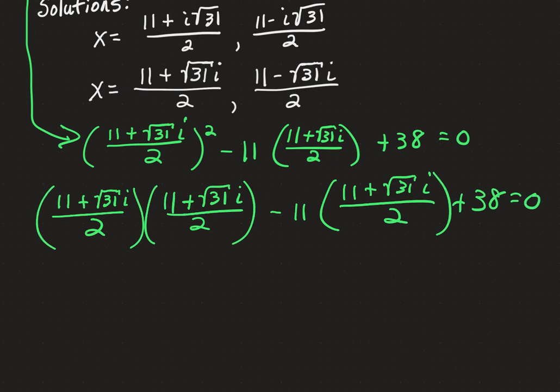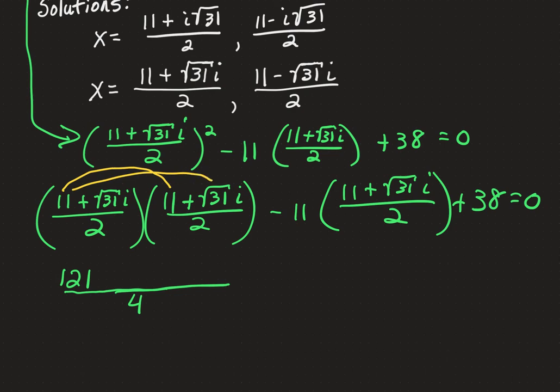Just be patient. So in the denominator, I have 4 because we multiply straight across. 2 times 2 is 4. That's the easy part. But in the numerator, it's going to be a big numerator. We're going to distribute. 11 times 11 is 121.